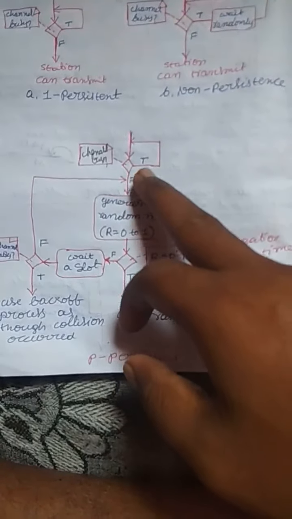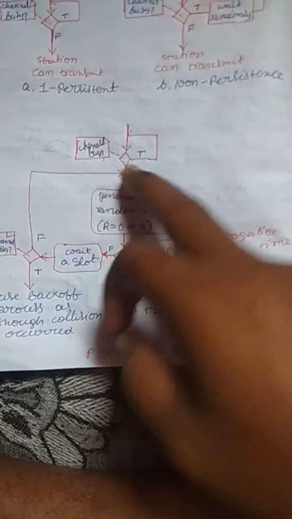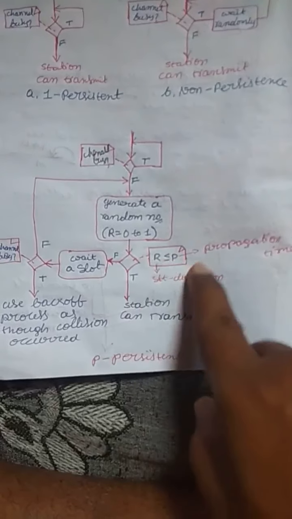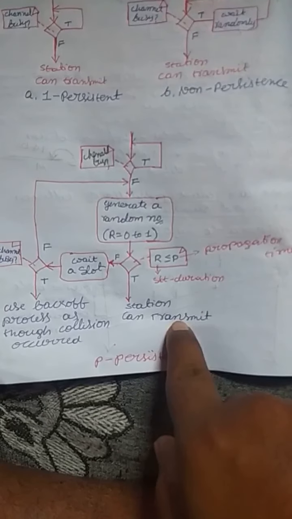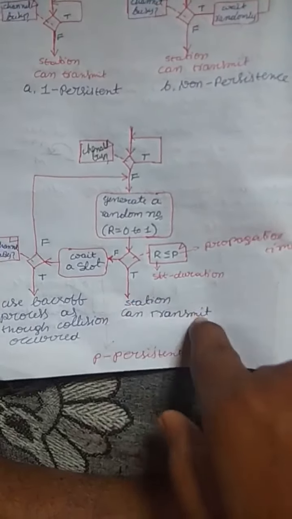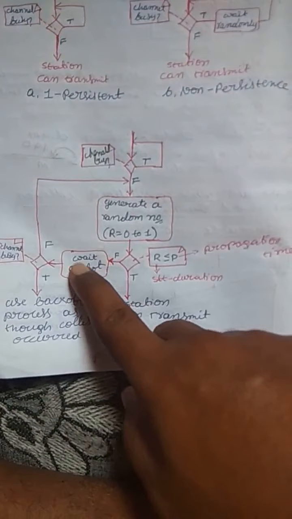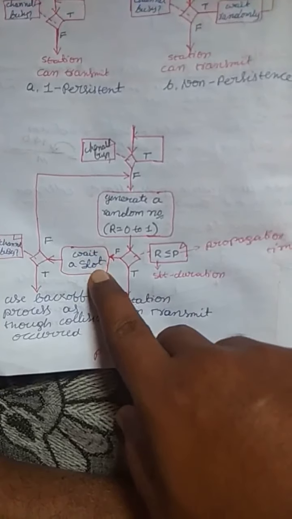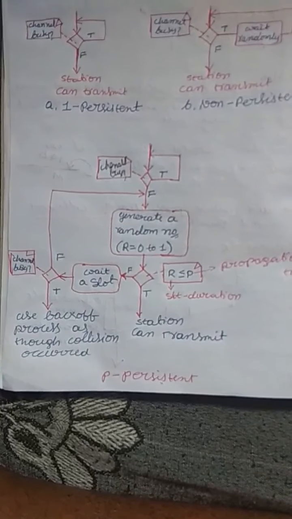If the channel is not busy and the condition on the probability P is true, it will send the packets or frames, which means the station can transmit its frames. Suppose this condition fails, it will wait for the beginning of the next slot.